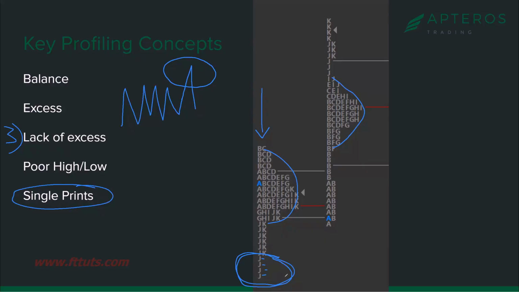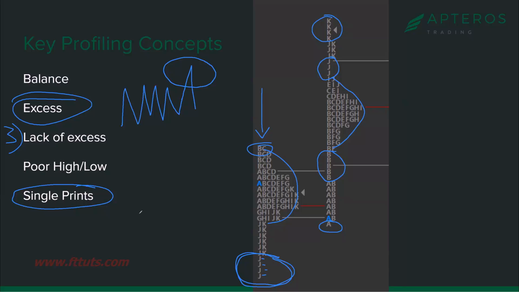Those are single prints. There's one single print here, some single prints there, single prints here and here. That's all the single prints I can find. And they represent excess, all of them. When you don't have any single prints, you have a lack of excess.